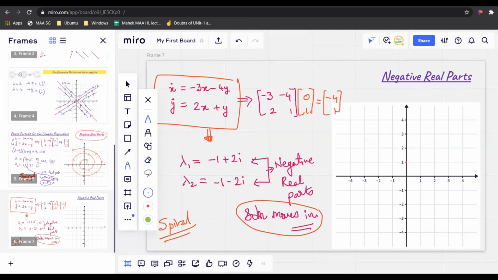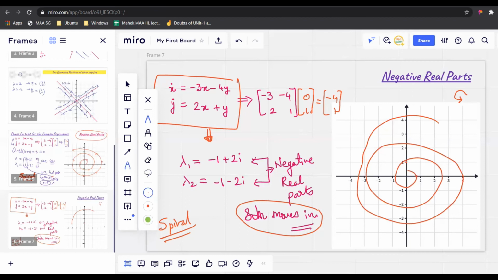The spiral is going in anti-clockwise direction like this, but you can see the solution is moving in. So to move in, I should start from the outer region. In the previous case, we started from the origin. Now we start from the outer part. I'll draw in anti-clockwise direction like this, and I move in like this.